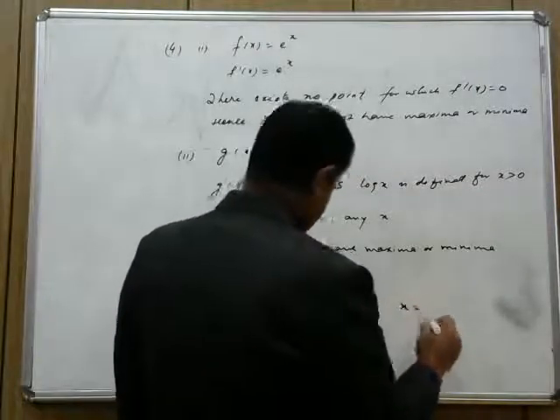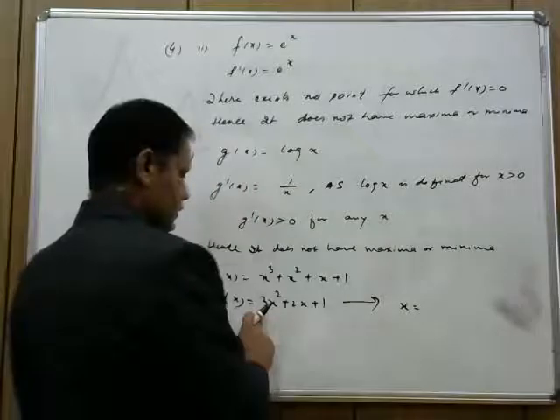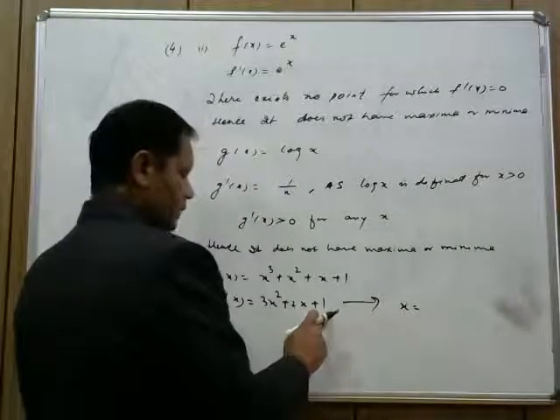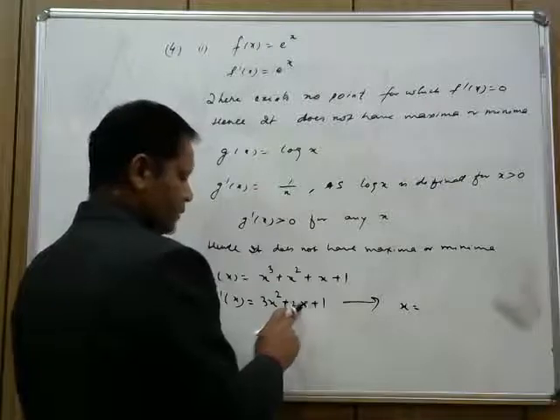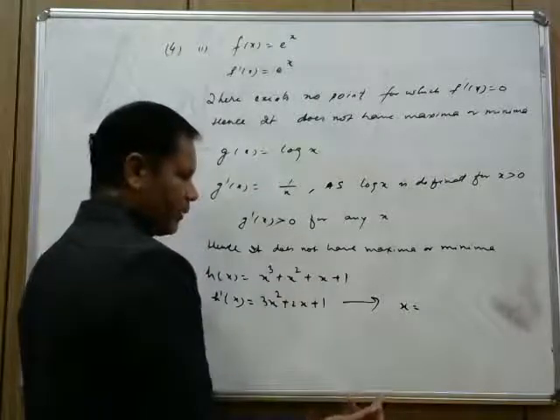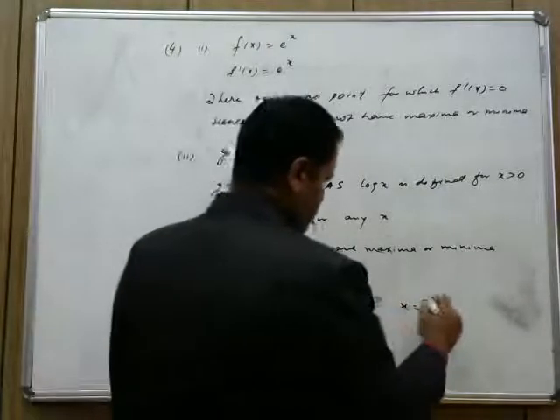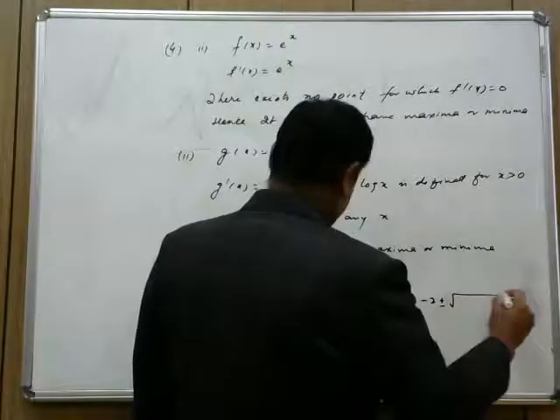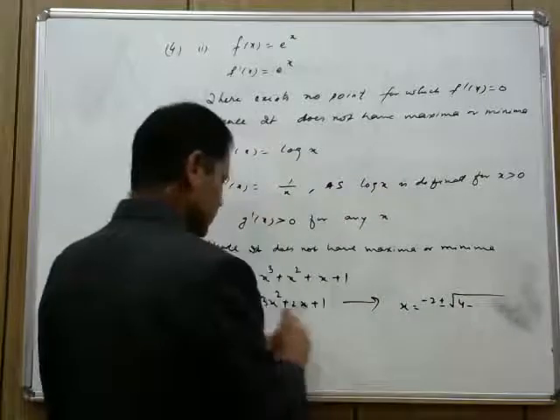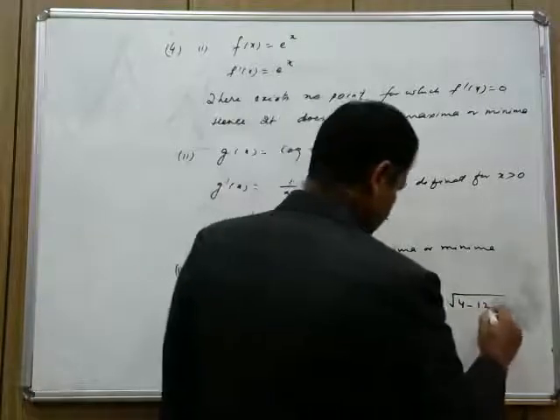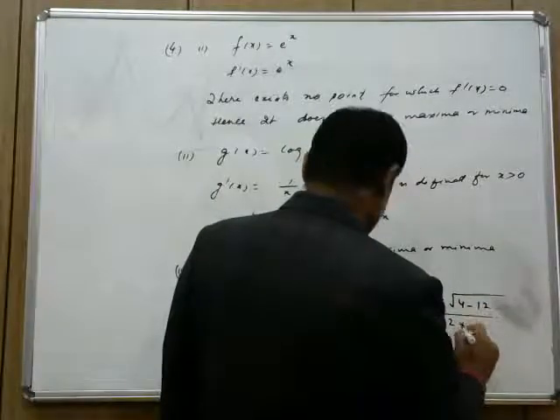Here a is 3, c is 1, b is 2. We cannot get proper factors for this, so we will go for the quadratic formula. Then x will be minus 2 plus minus under root b square, that is 2 whole square, minus 4ac, which is 12, by 2 into 3.